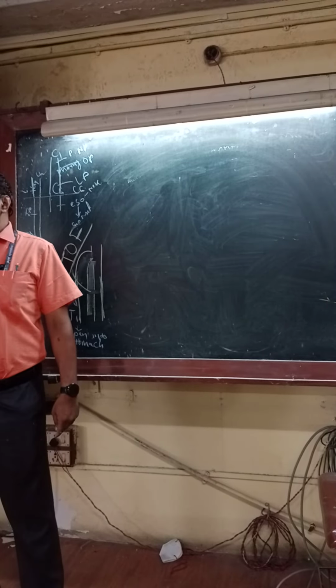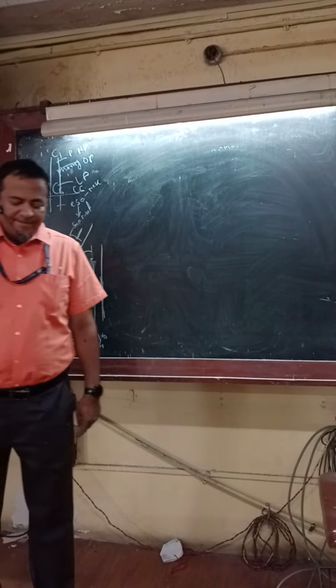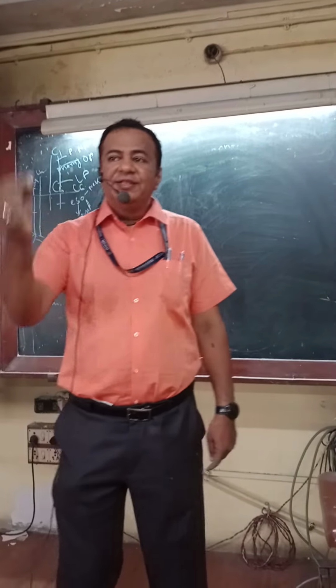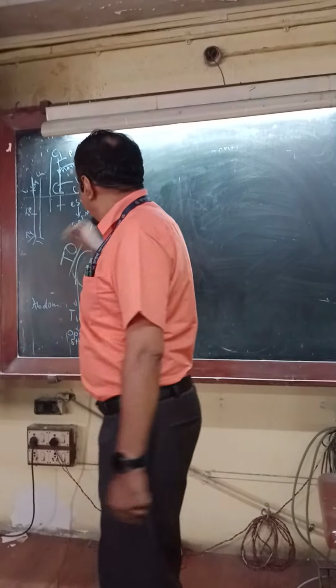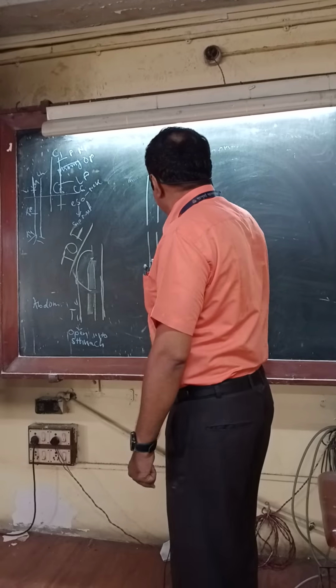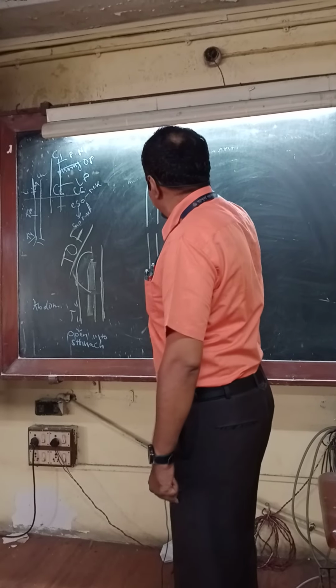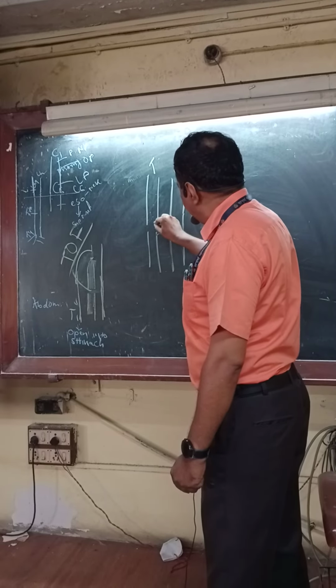How do we diagnose a patient with tracheoesophageal fistula? The moment the child is breastfed, it starts coughing, because this is the trachea, this is the esophagus, and here is the fistula.